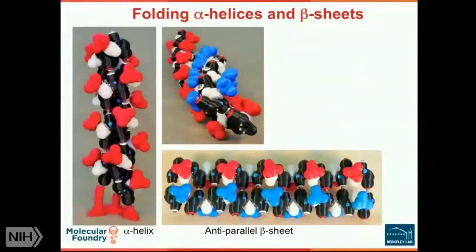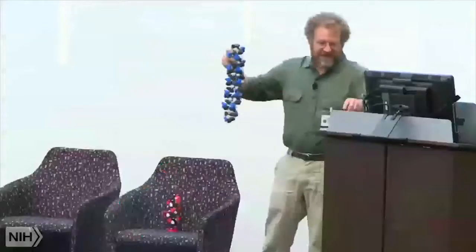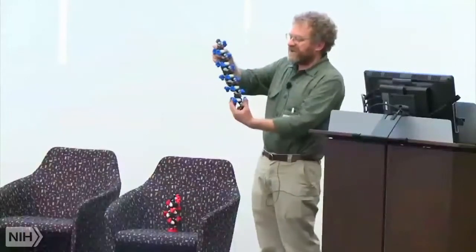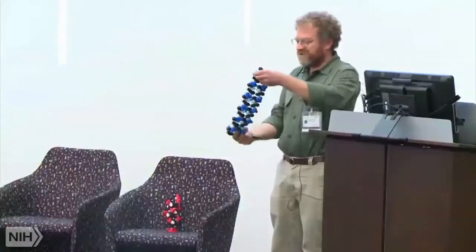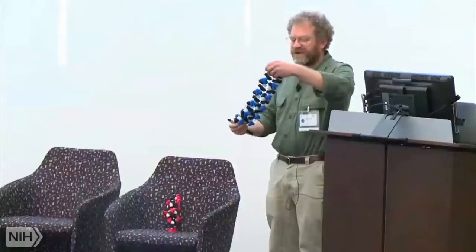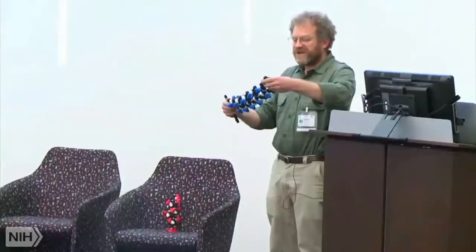And so we can fold this into an alpha helix. We can fold it into parallel or anti-parallel beta sheets. Here I have a beta sheet, and it's really interesting to feel this and feel that there's some rigidity to it.